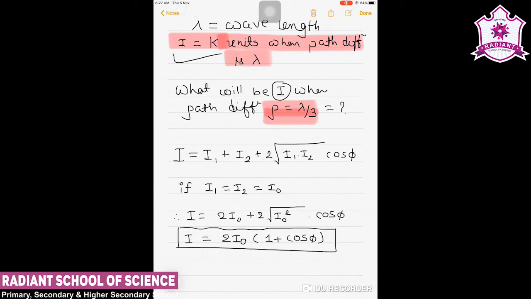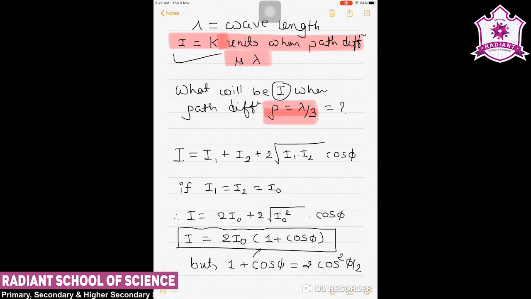Now from this information, if we simplify the term of cos phi and apply the equation 2 cos square phi by 2 is equal to 1 plus cos phi, we can use this condition over here.